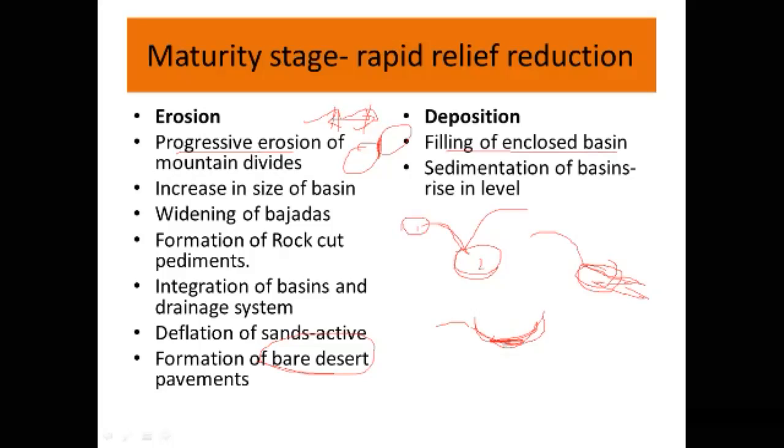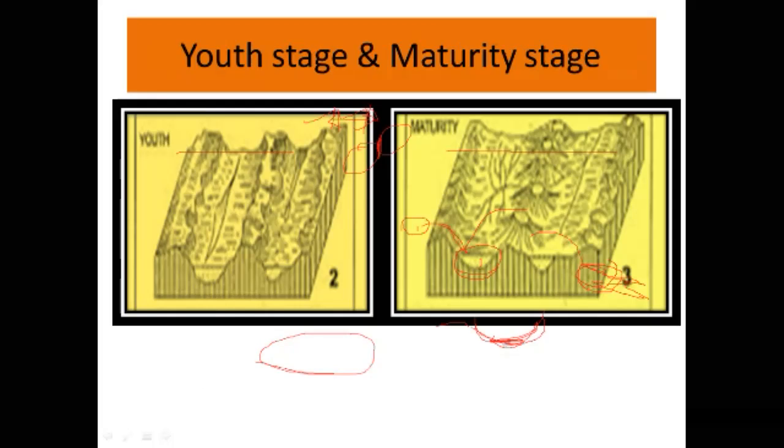Next, here we can see the difference between the youth stage and the maturity stage. In the youth stage, you can see that aggressive erosion has happened, and the water divide is narrowed significantly.